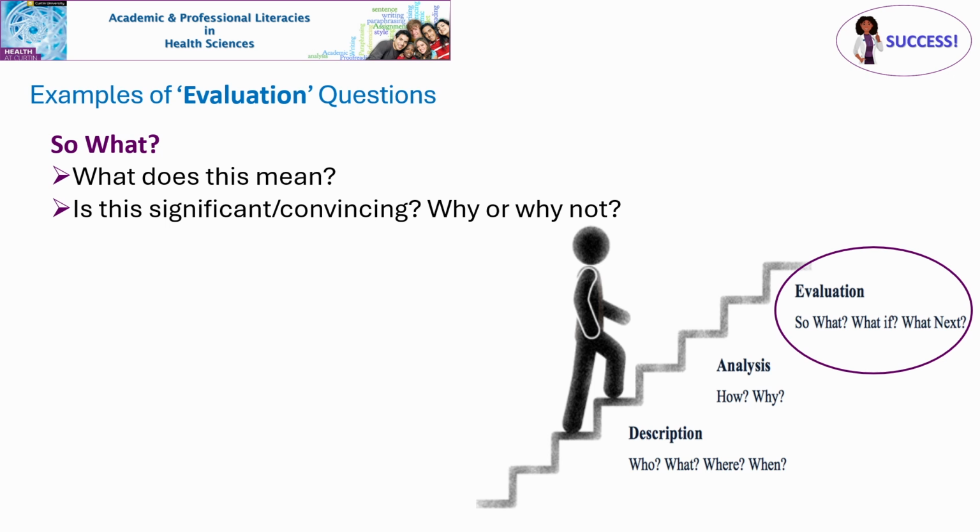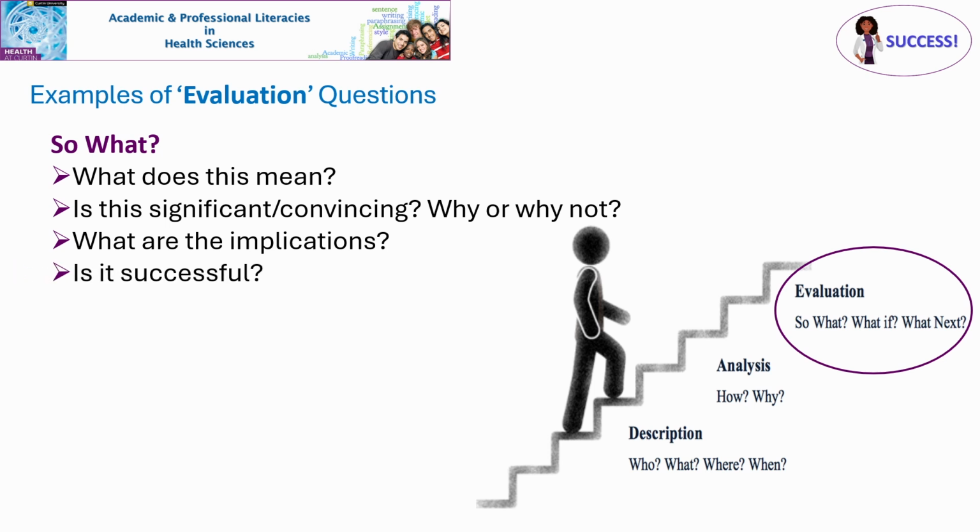What's the significance? Are there implications and what are they? Is it successful? And if it is, why? And if it wasn't, why? Does the response and the information meet all the criteria that we are focused on?